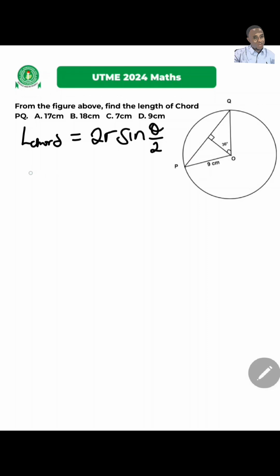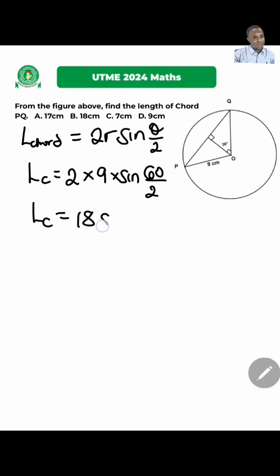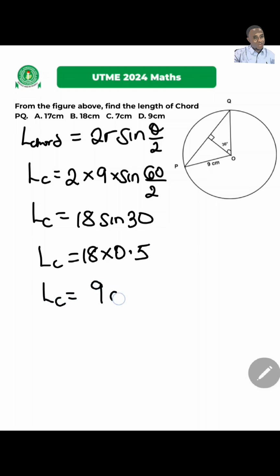In this case, the radius is 9, clearly from the diagram, times sine of half of the angle subtended. This case, it's going to be 60, so half is 30. So the length of the chord is 18 sine 30. Sine 30 is 0.5, you should know that. So the length of the chord is 9 centimeters. That's option D.